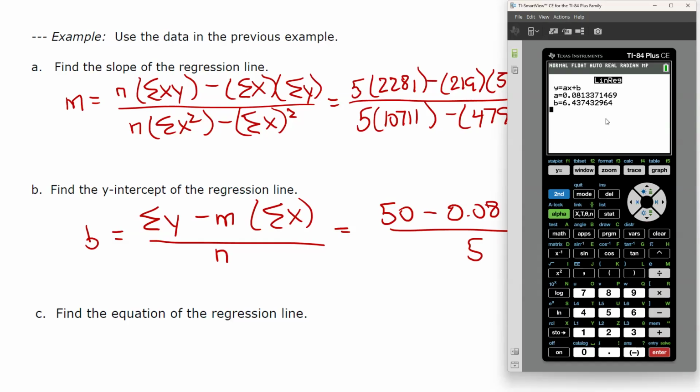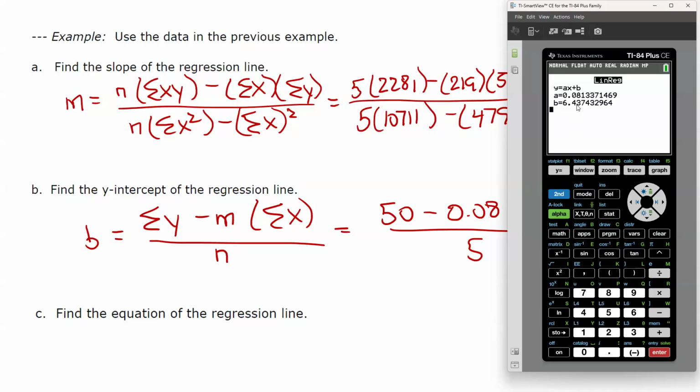Now the values that we get here are going to be in the format y equals mx plus b, where a is going to be 0.08, which is what we got, and our b is going to be approximately 6.44. When we did it by hand, it changed things because we rounded our 0.08, but on the calculator we get 6.44.